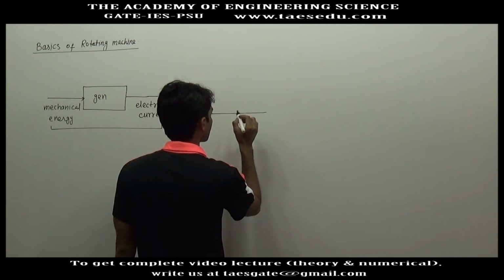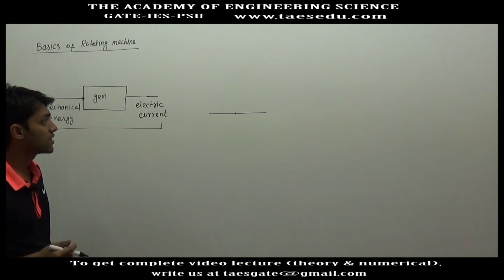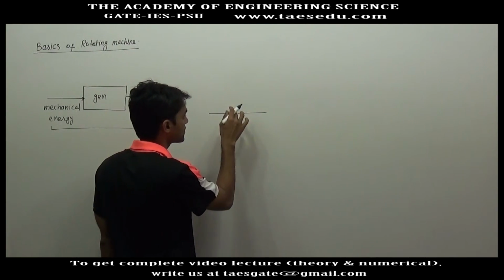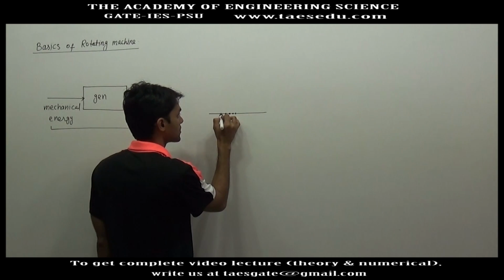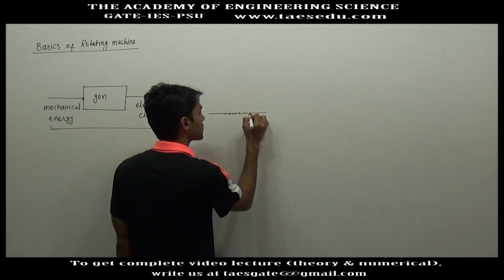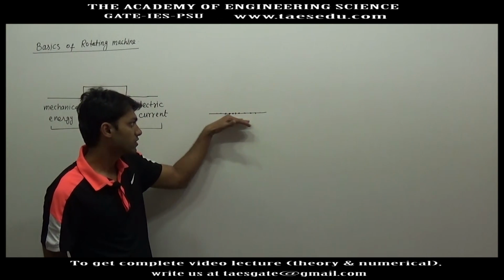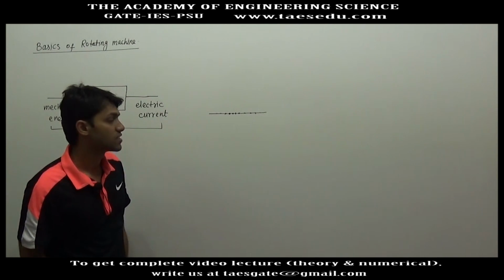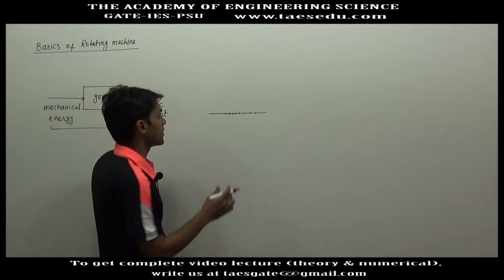Suppose there is a conductor, and if you want to produce current in this conductor, first of all, there will be free charges in this conductor. And how will current be produced? If there is a net flow of these charges in a particular direction, we will say that this conductor is carrying a current.